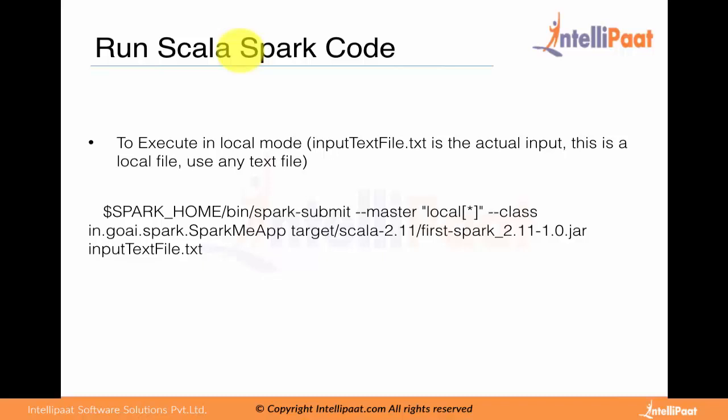And what I'm going to use is a command called Spark Submit, followed by --master, and I'm putting local[*], which says that I am going to run Spark in the local mode, and then --class in.goa.spark.SparkMeApp. That in.goa.spark was your package name that you would have seen in the code. SparkMeApp is your class. So you're telling that this particular class needs to be executed.